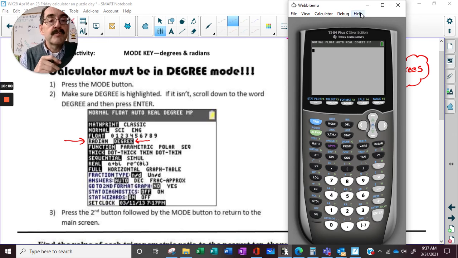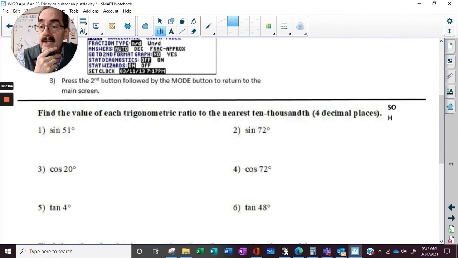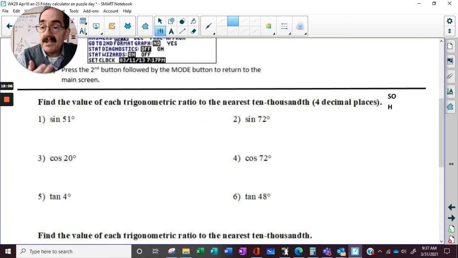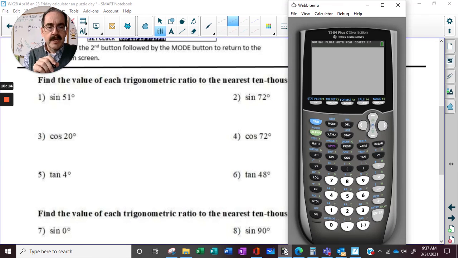Now, with trigonometry, we want to practice this. So now I'd like you to pause the video, and in class, we're here for 42 minutes. Let's take 10 minutes. In the next 10 minutes, just go to your calculator and type in sin 51.